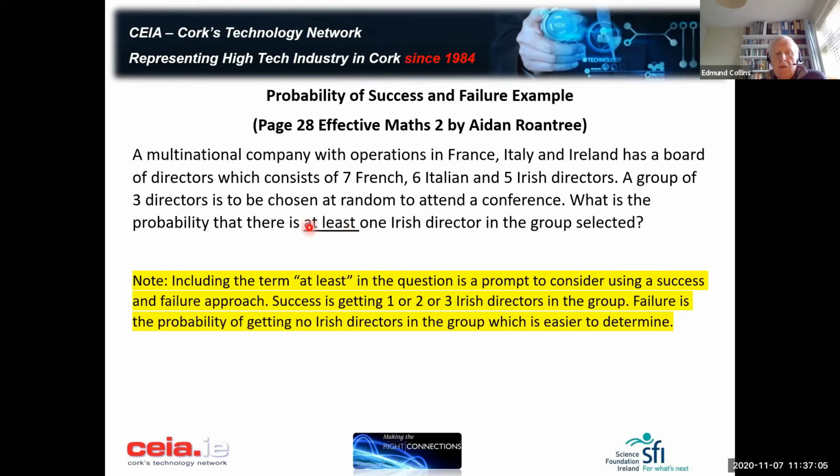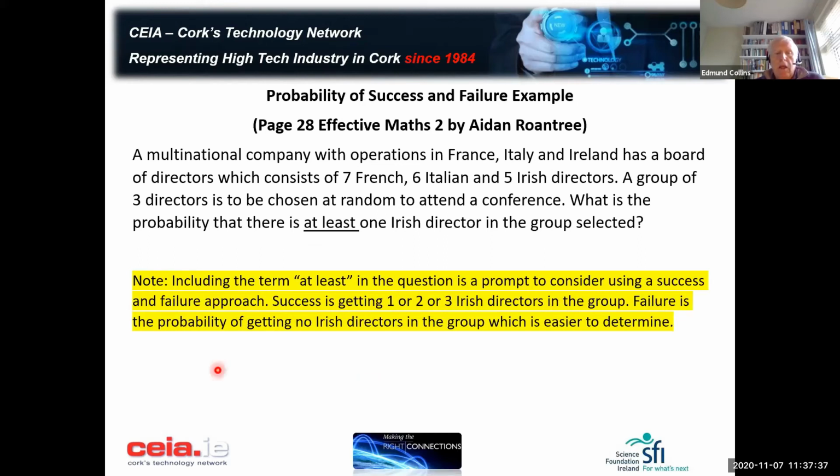And I underlined at least. So it's important to note here that if the term at least is included in the question, then it's potentially a prompt to consider using a success and failure approach. In this case, success is getting 1 or 2 or 3 Irish directors in the group. So there's quite a bit of work involved in that.